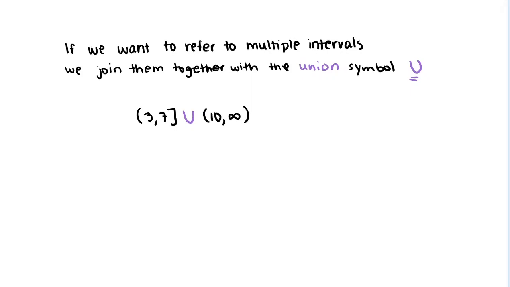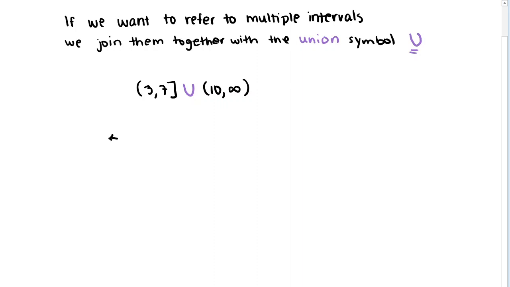And maybe to have a picture of what's going on here, here's maybe 3 on the number line, maybe this is where 7 is located, and maybe here's where 10 is located. Really the picture to go with our joined intervals is this open circle at 3, right? 3 is not included. All the numbers between 3 and 7, with 7 included.